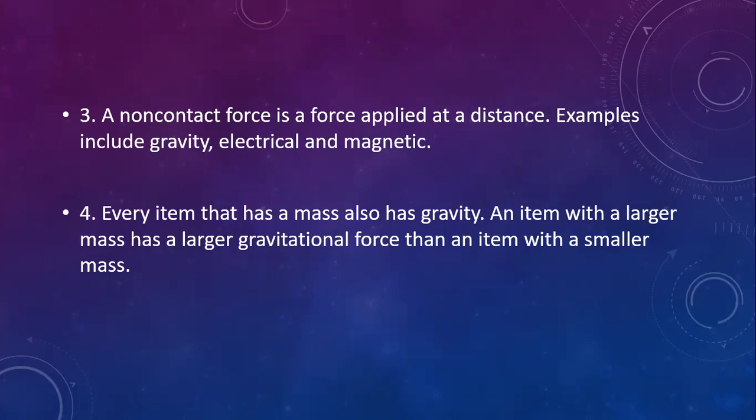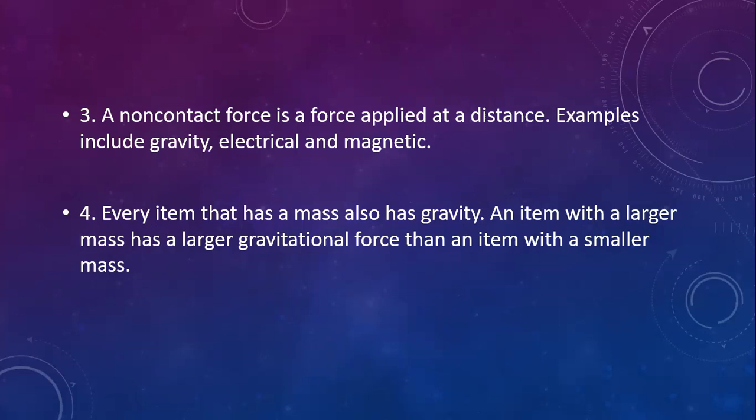One of the non-contact forces is gravity. Gravity has two different relationships that determine how strong that force is. One is the mass. Every item that has a mass also has a gravitational pull, which means that you yourself have a very small gravitational pull.